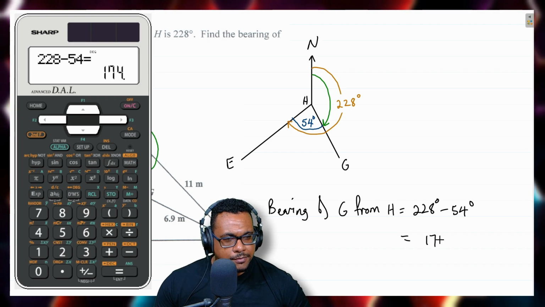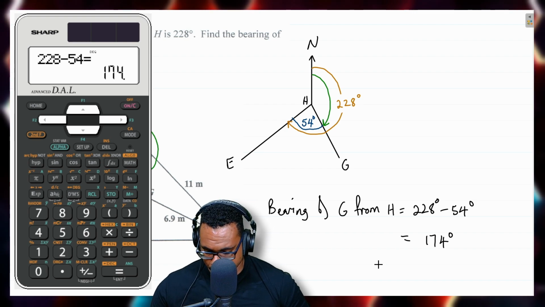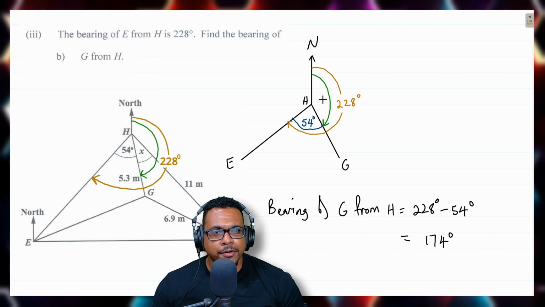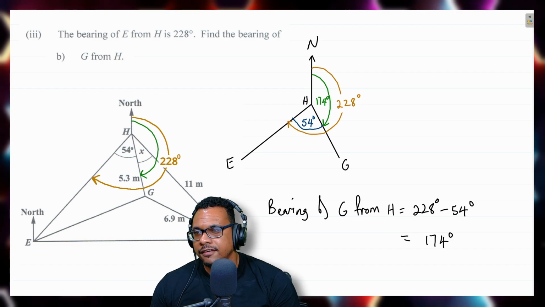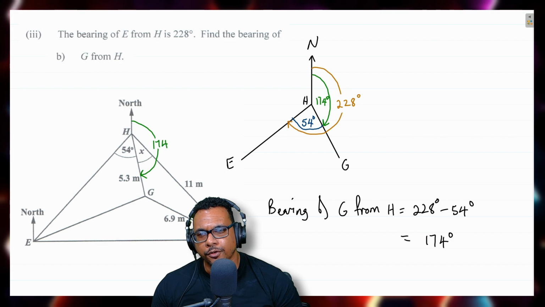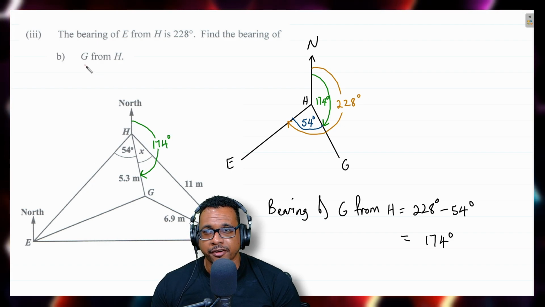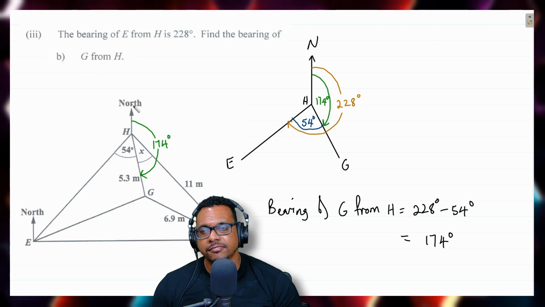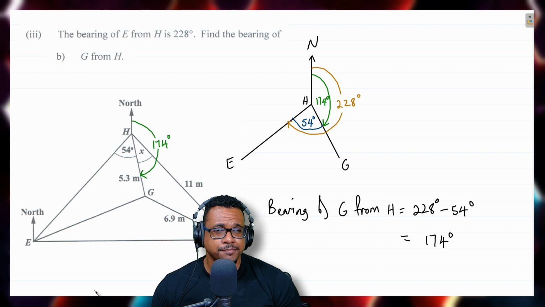So we have 174 degrees. All right, so here I'm going to write 174 degrees. And therefore here we also have 174 degrees. All right, so my bearing of G from H is 174 degrees.